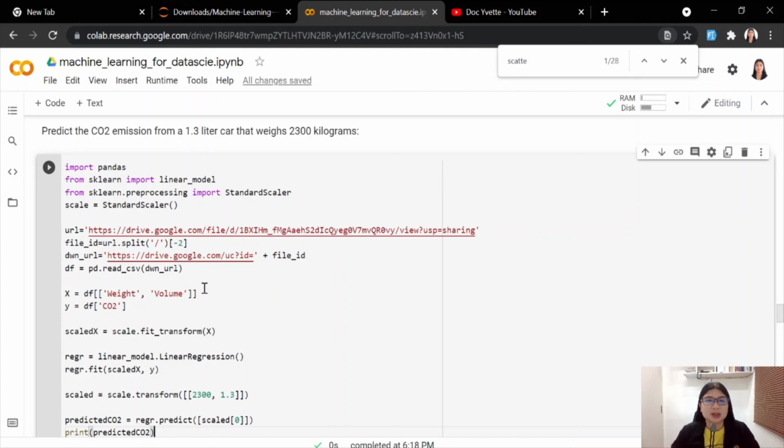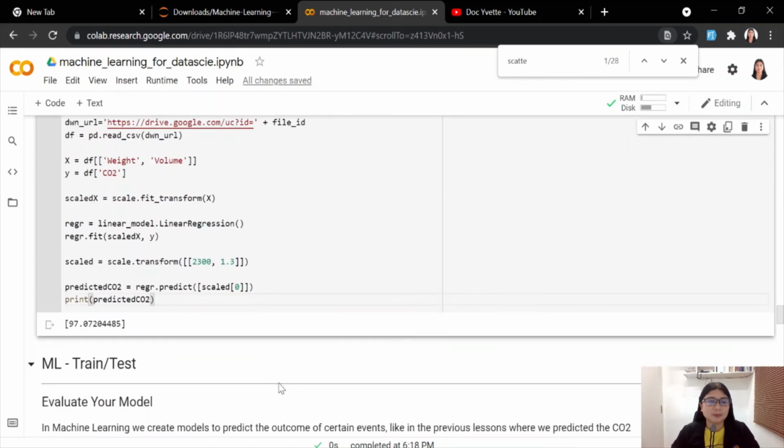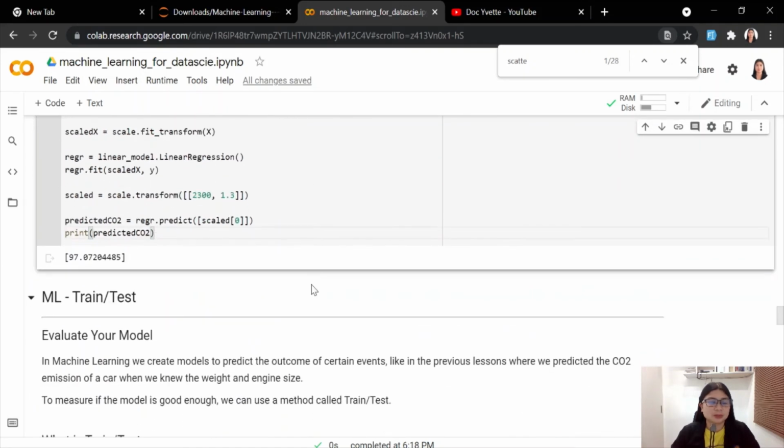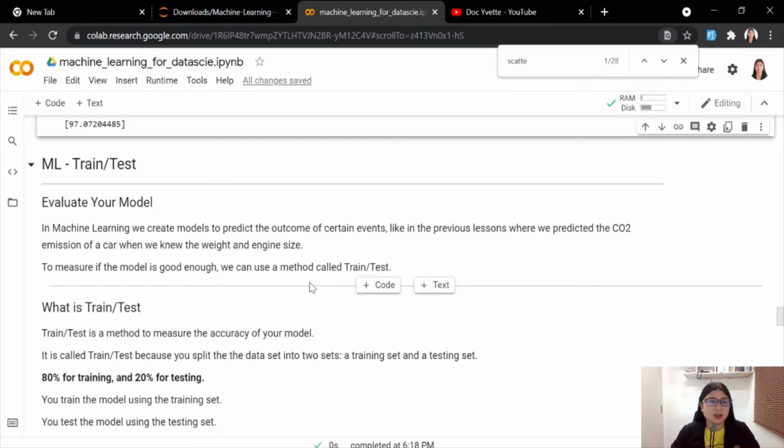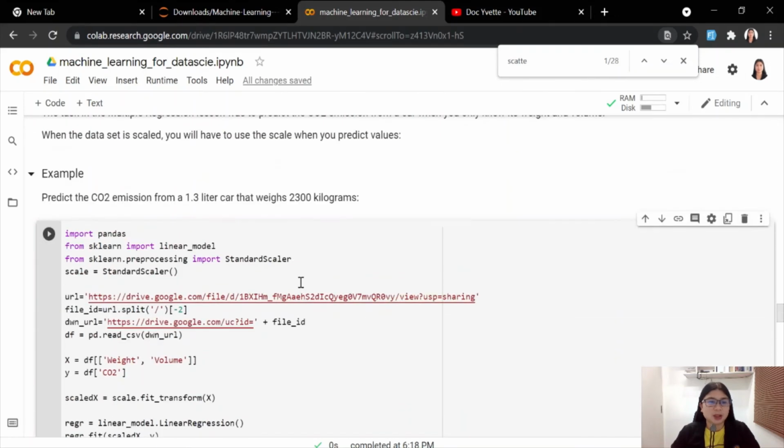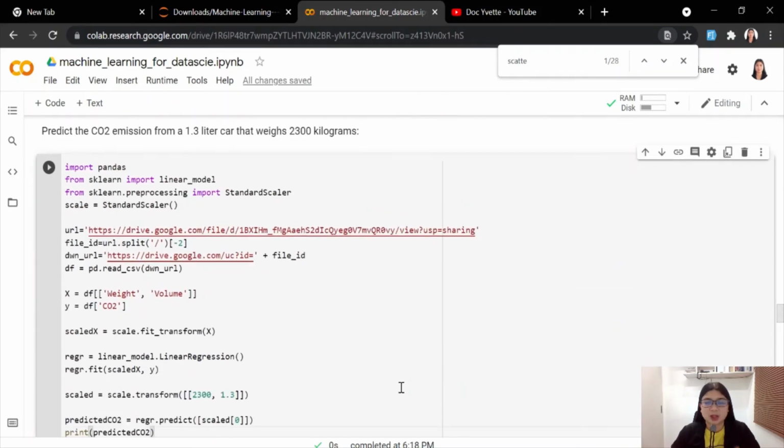But using scaling, we can assign a standard value, and then we can compare them. So, that's all for the ML scale.